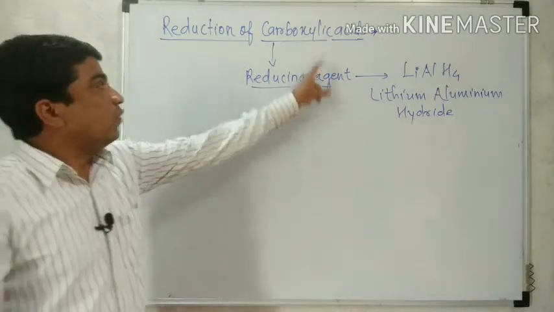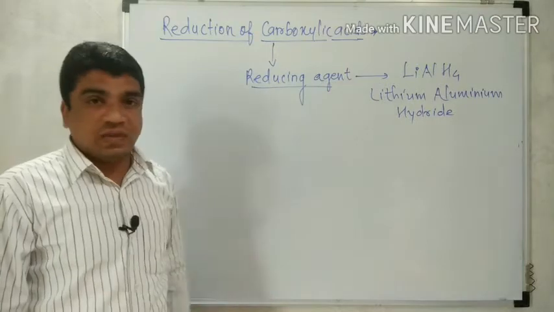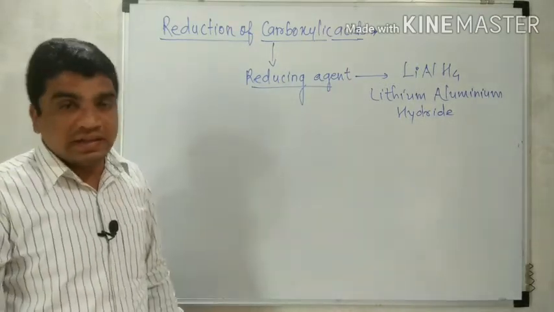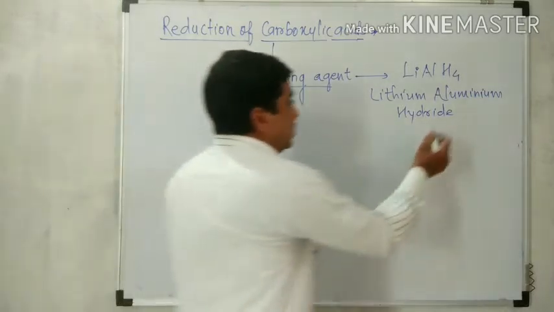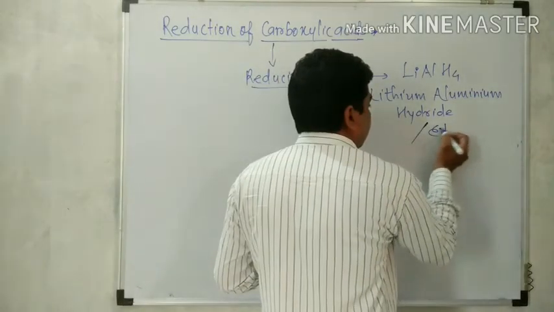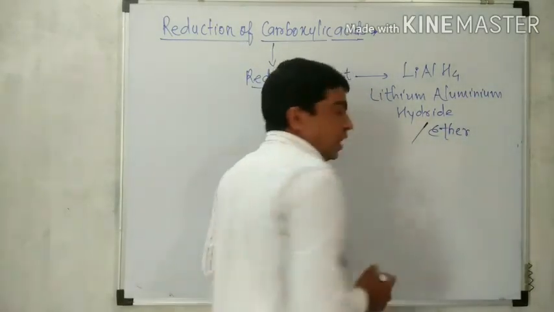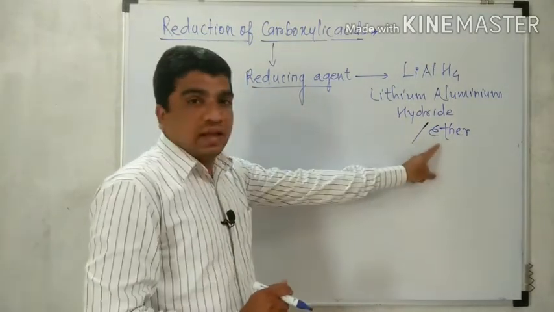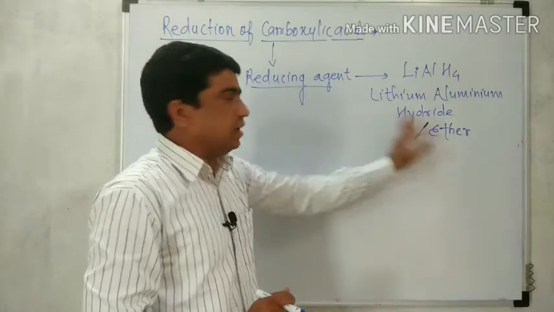Therefore, for carboxylic acid, either LiAlH4, lithium aluminum hydride, is used in the solvent ether. If LiAlH4 is used in the reduction, then the solvent used is ether.